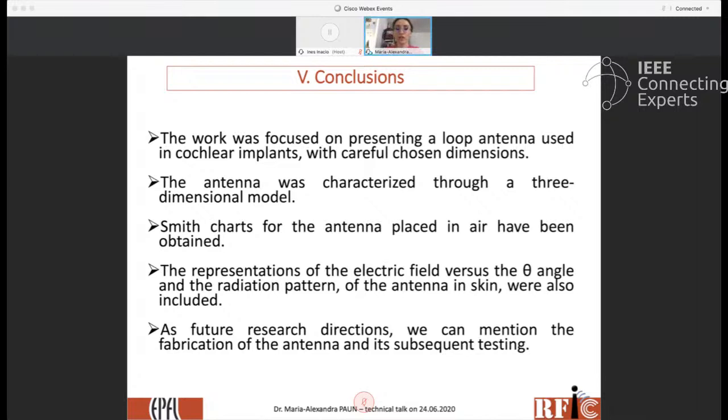As future directions, I would just like to mention that the next step would have been to fabricate the antenna physically, or let's say electronically, and to be able to test it. But I just want to point out that this was only a 6-month research project that I received the funding for. I was principal investigator. It was my own grant.